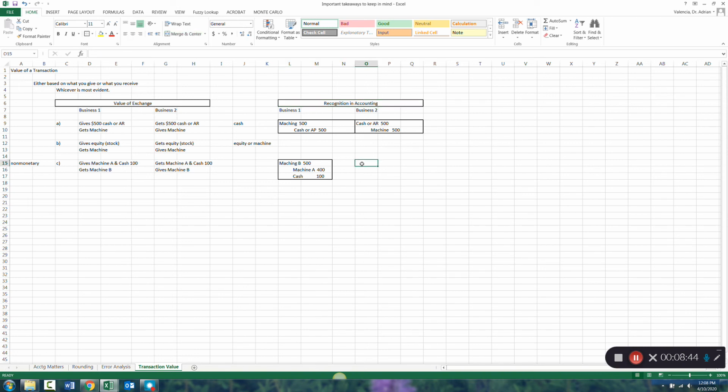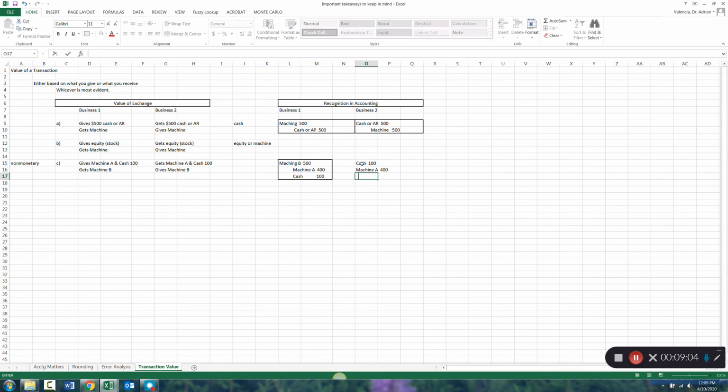And then for business 2, they are receiving cash. And in this case, I'm going to assume symmetrical treatment. They both think that the worth of the exchange is 500. And they receive machine A, so that's 400. Oops, my apologies.